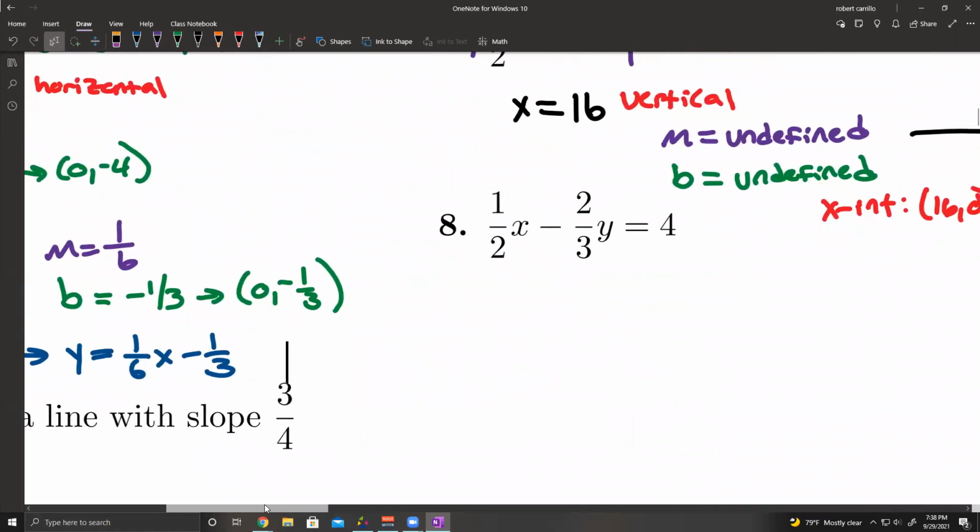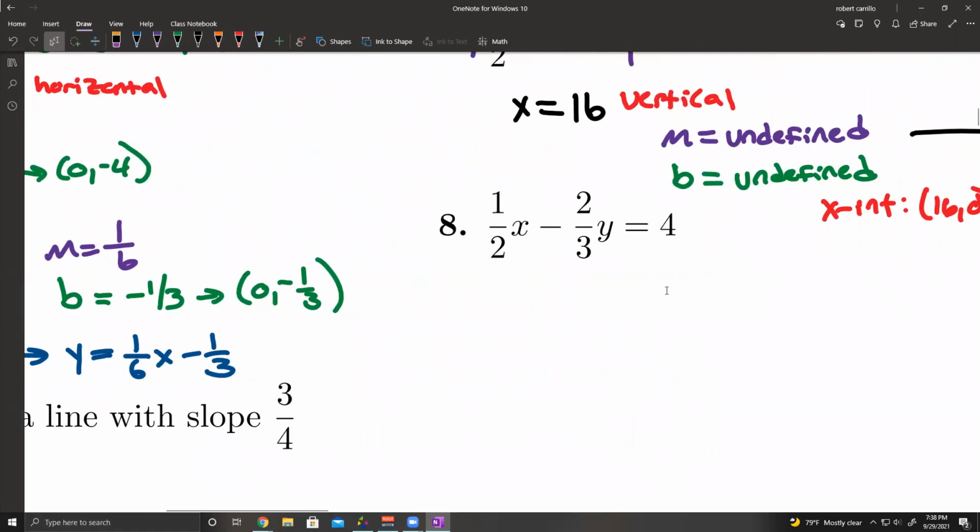Let's try it again. Look at that. Another fraction one. So 1/2 x minus 2/3 y equal to 4. Okay. So again, we want to get y all by itself. So who are we moving to the right side? 1/2 x, right?